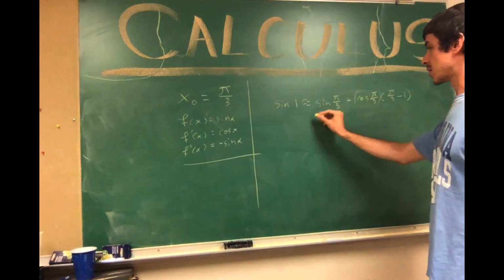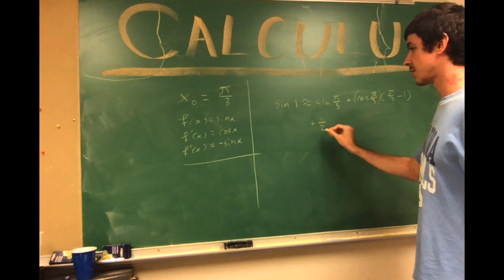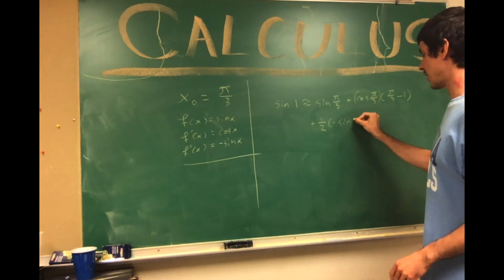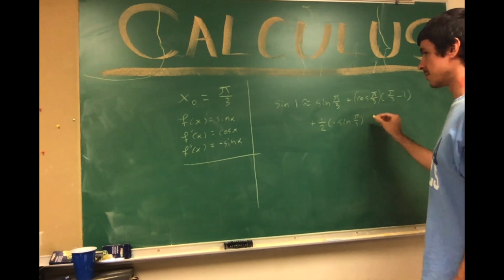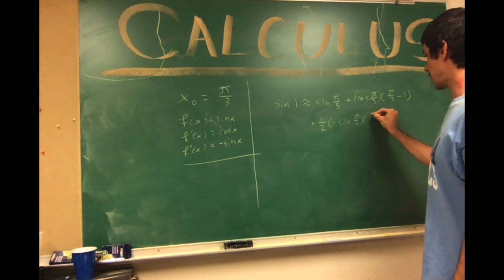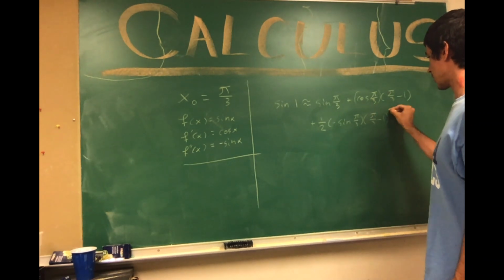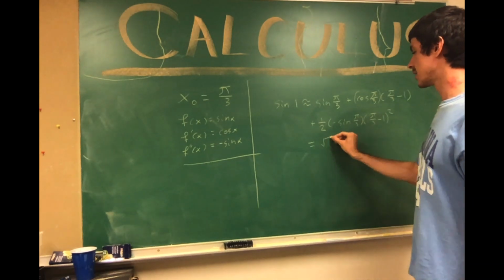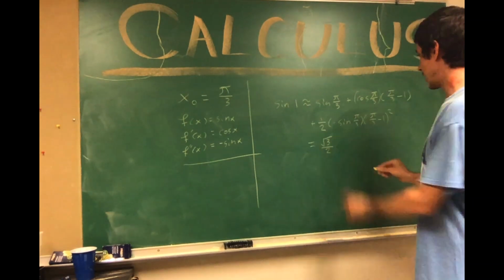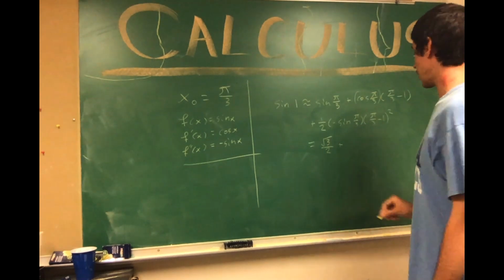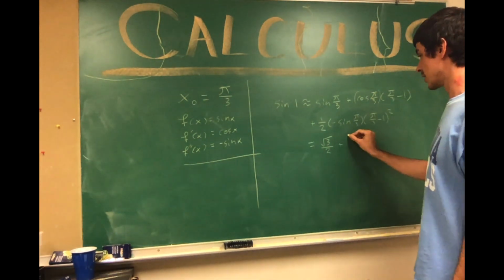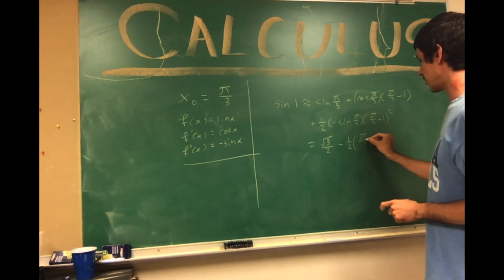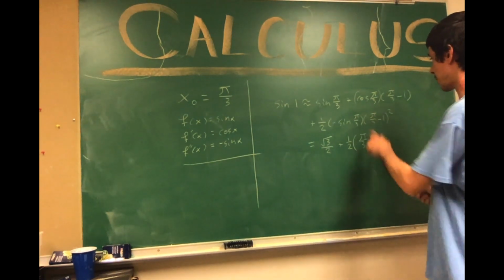But then with the quadratic term, we have 1/2 of negative sine of pi over 3 multiplied times pi over 3 minus 1 squared. Sine of pi over 3 is the square root of 3 over 2, and cosine of pi over 3 is 1/2, and then we multiply this times pi over 3 minus 1.